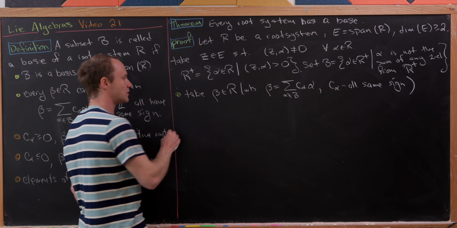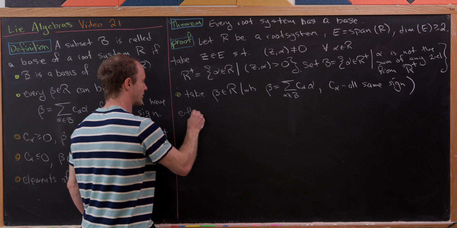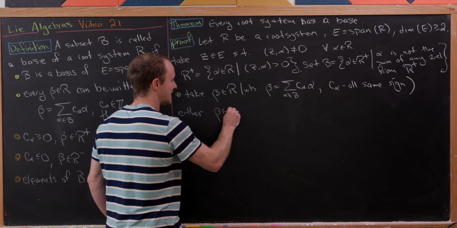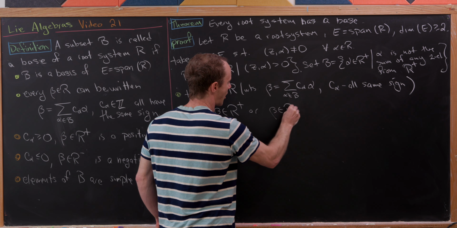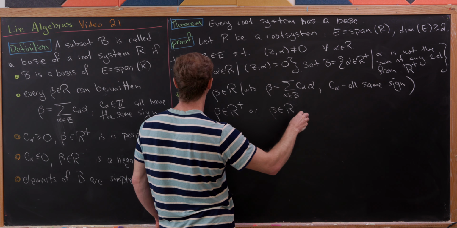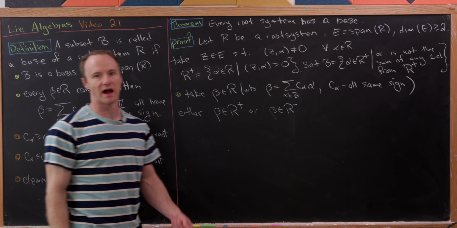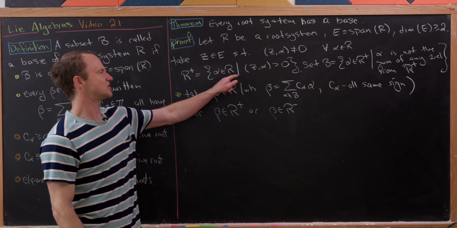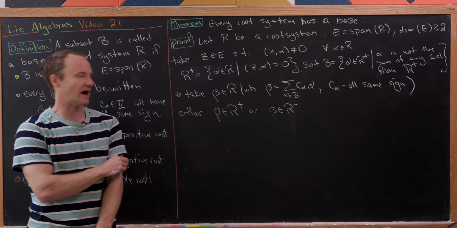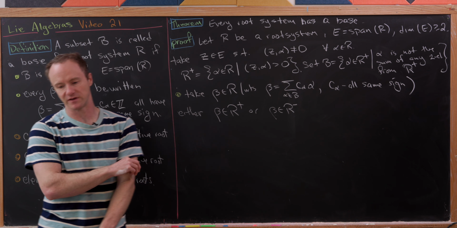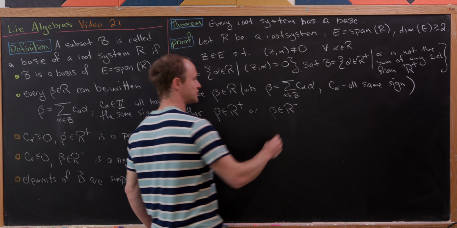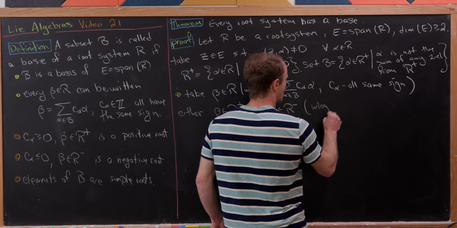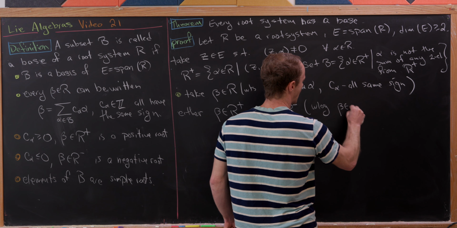Okay, and so let's notice that either we have beta is in R plus or beta is in R minus, which I guess I haven't really defined R minus yet, but you can imagine how R minus might be defined. It would be defined where you get a negative here. Okay, so without loss of generality, we would have beta in R plus.